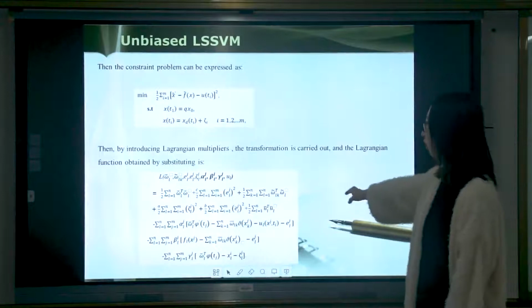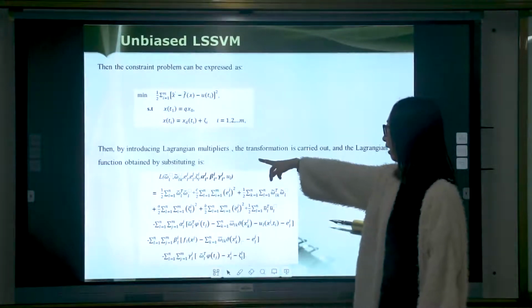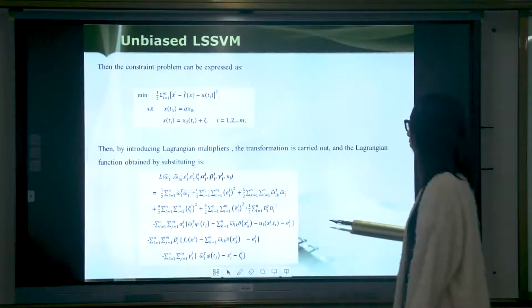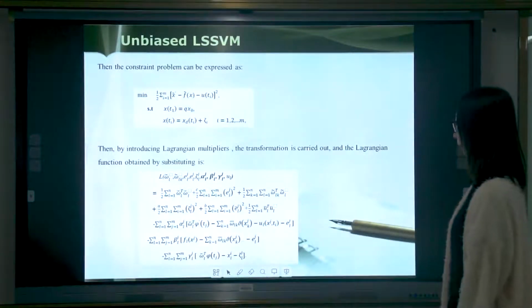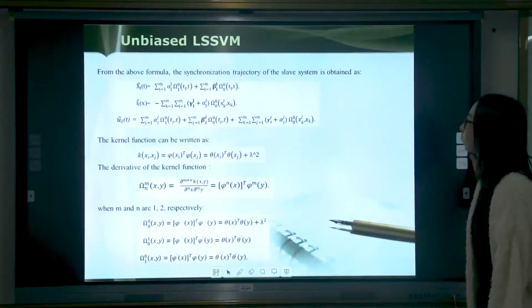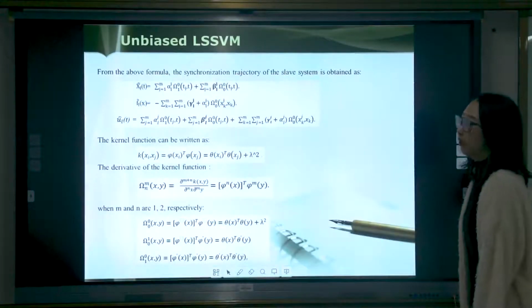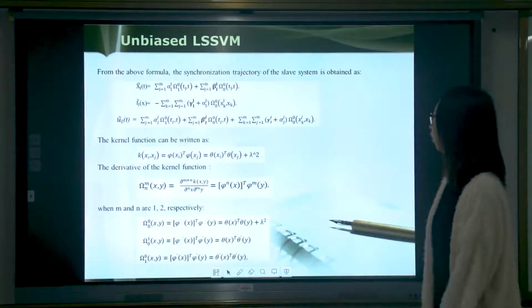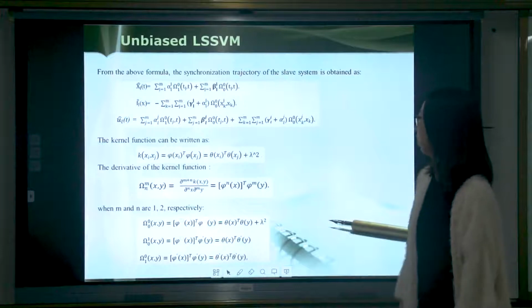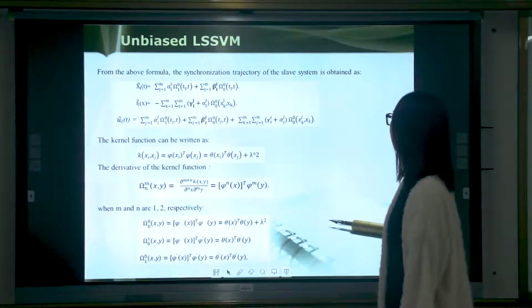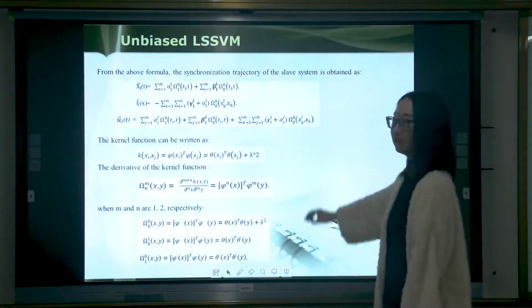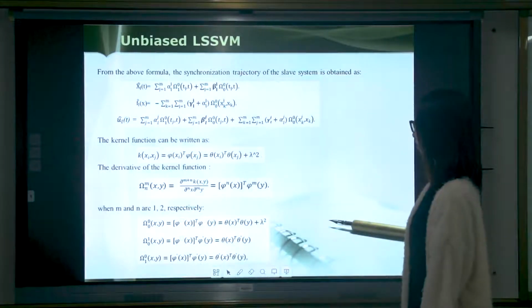Then we introduce Lagrange multipliers, and we can use this transformation. After that, we can get the formula from the above formula. So the synchronization trajectory we can obtain is these three equations.